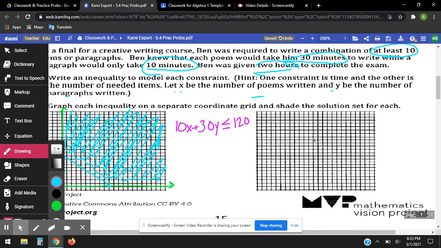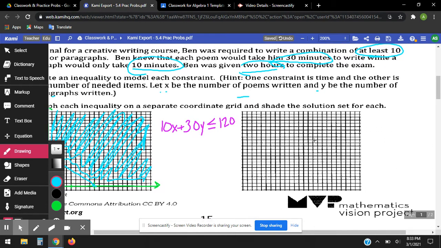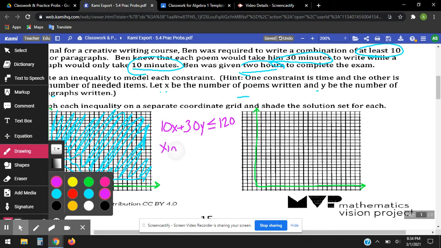So now this one, let's do our grid. Again, we want pretty much the first quadrant. I'm not very good at drawing the lines down, am I? Okay, and let's see what our x and y intercepts are here. The x-intercept is when y is 0, so 10 goes into 120 12 times.